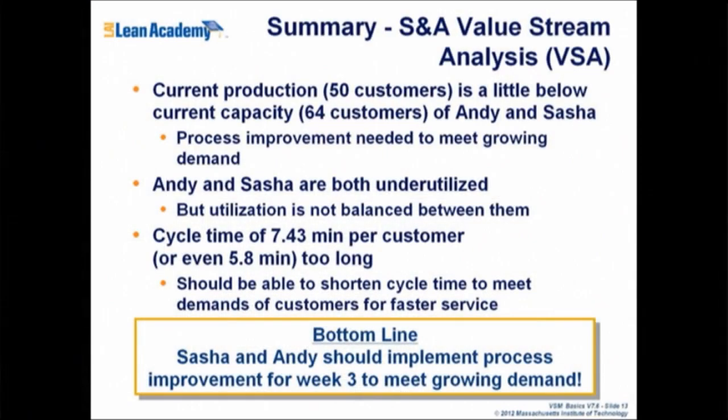But we can see that they're underutilized, 55 to 78%. And their work is not balanced either. And their cycle time per customer is too long, regardless of how you calculate it.